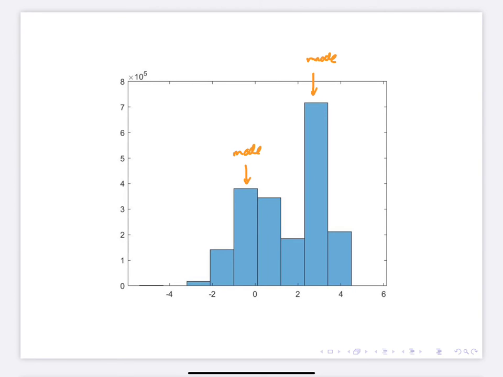Just by doing that, the histogram already helps us understand our data better. Let me also trace out the tops of the bins. Again, my curve would look something like this.